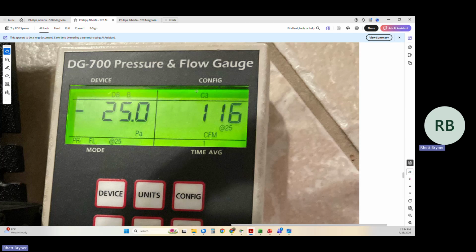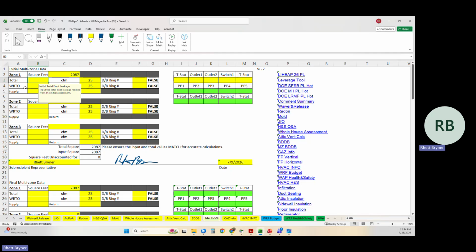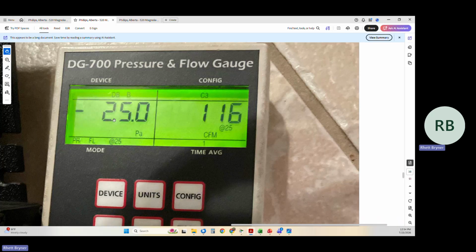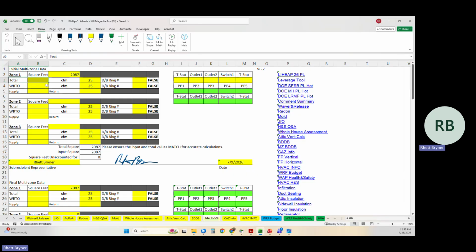I've got it set on ring 3 and my reading is 116. So with 116 at -25 on pressure flow at 25. So I'm going to go back here. This is your total reading, the first reading you get on your report that shows up in the photos. Your first reading is going to be 116.